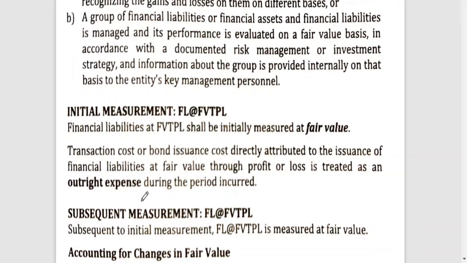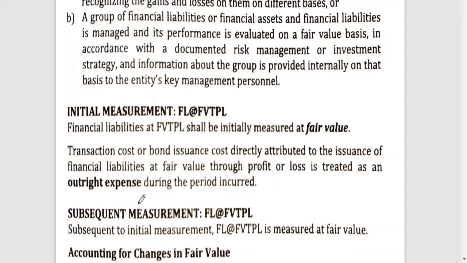Just like when we record a financial asset at fair value through profit or loss, particularly the trading securities, if you can remember, if there are transaction costs, diba, they are separately recorded as an expense. And you have to specify, of course, what type of expense, like commission, brokerage, and so on.